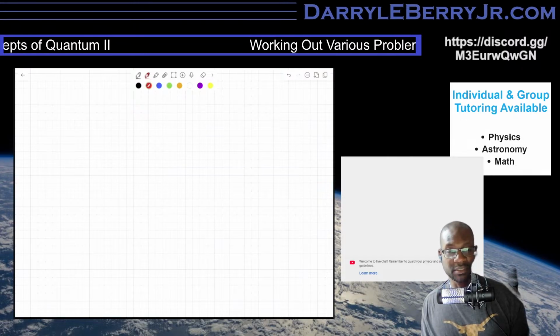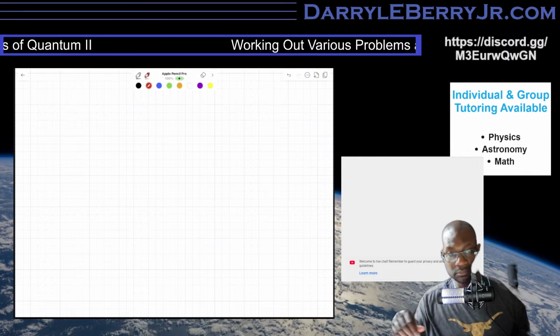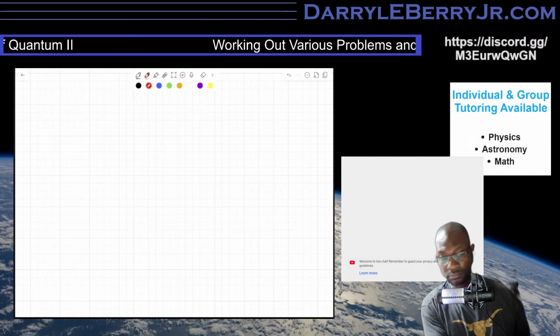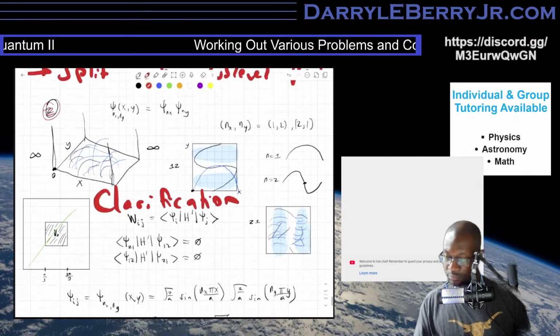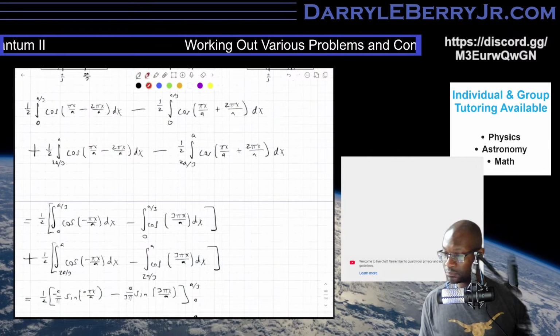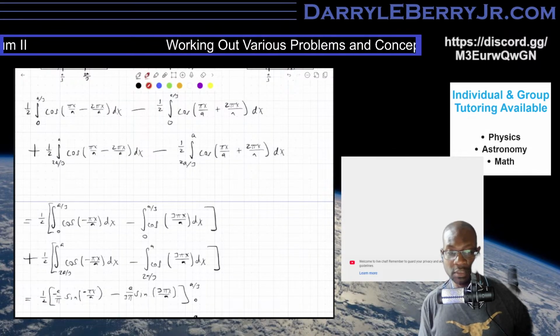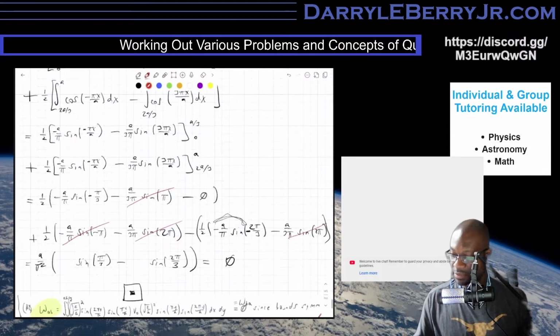So the next problem says, right? So we're doing perturbation theory still, non-degenerate states. Just reminding ourselves of the derivation.